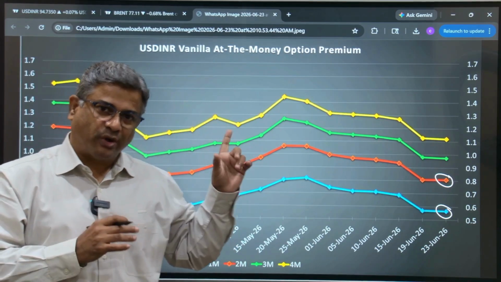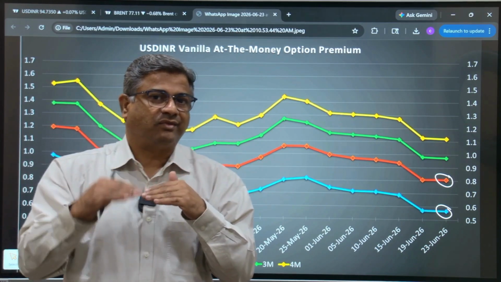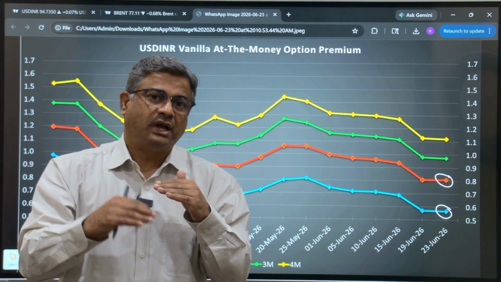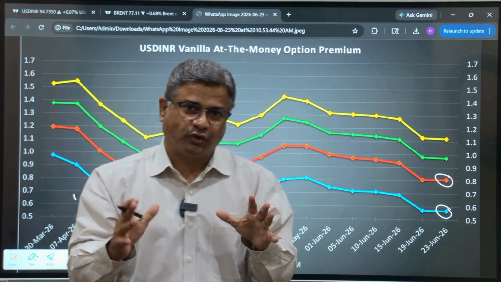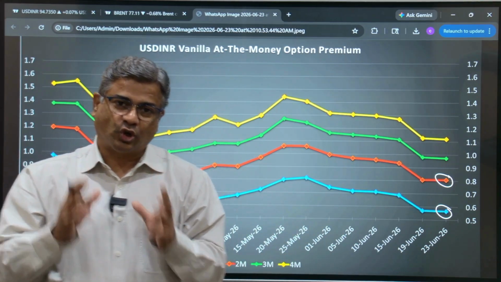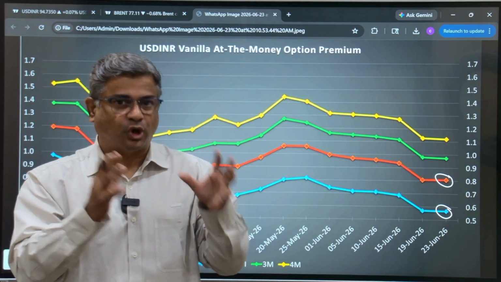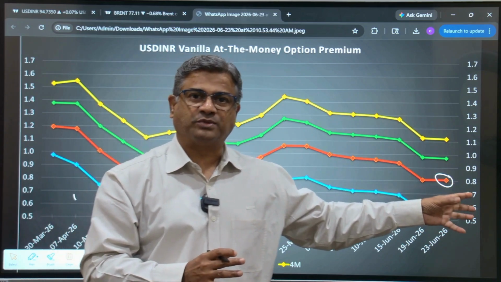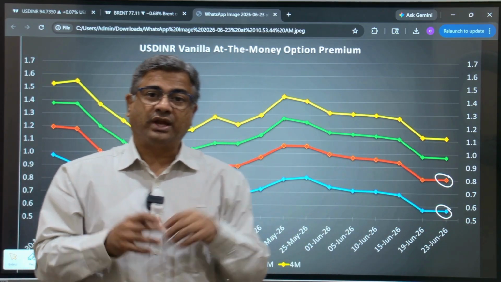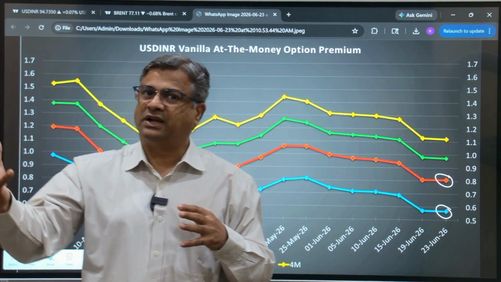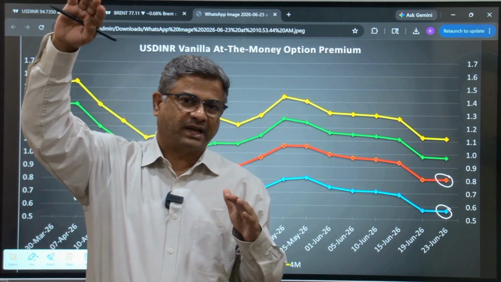So we saw in the dollar INR chart that the levels at around 94, 94.50 are very good for dollar importers to hedge. So dollar importers can hedge using forwards and vanilla options also, specifically since the option premiums have come down. Now dollar exporters have got multiple levels to hedge because rupee has been weakening.